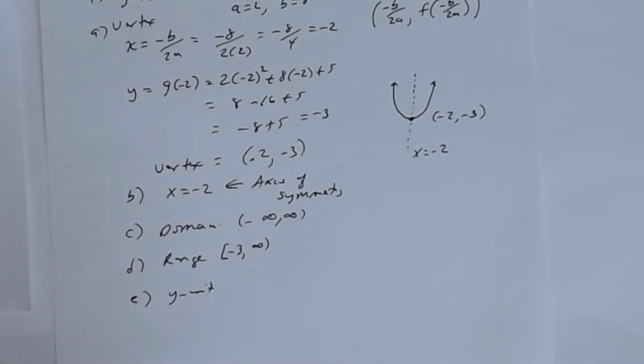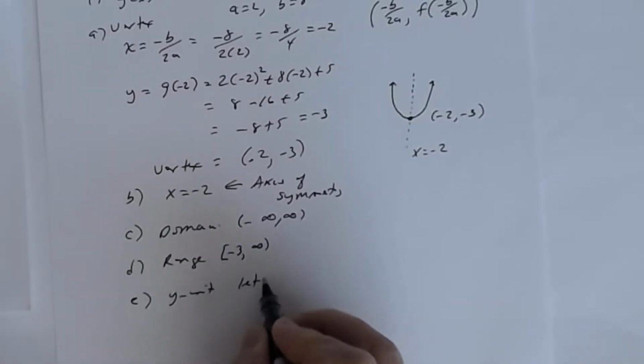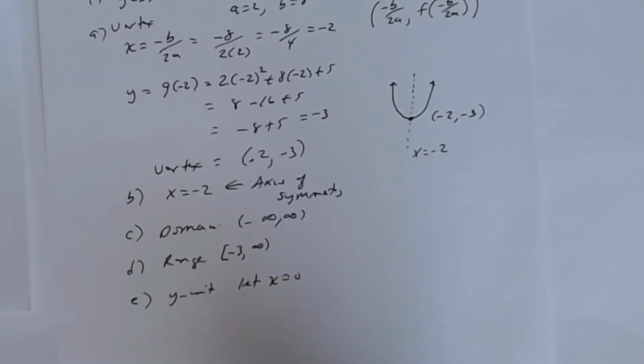And then in part E, you want to find the y-intercept. Well, remember the y-intercept is where the graph crosses the y-axis. And no matter where the graph crosses the y-axis, x is always 0. So remember, to find the y-intercept, you let x be 0. All right, so you let x be 0.